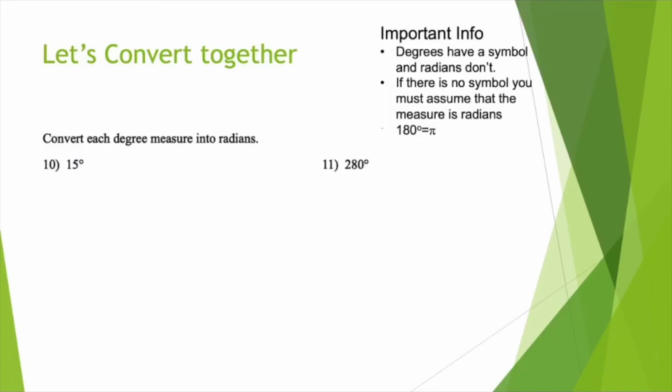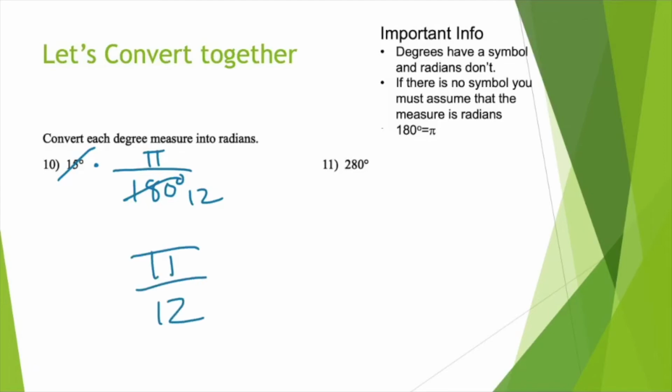We're going to convert this to radians, so we're going to multiply by our conversion factor. We put 180 degrees on the bottom so those degrees will cancel, and we put pi on top. So let's reduce this. 15 goes into 180, 12 times. So this is pi over 12 radians. Remember that if we don't put any symbols, we're just assuming that it's radians.